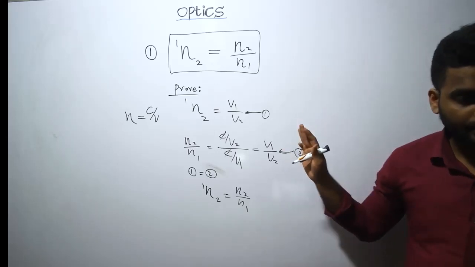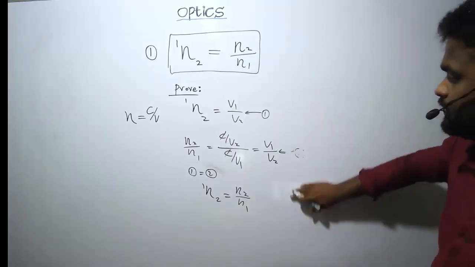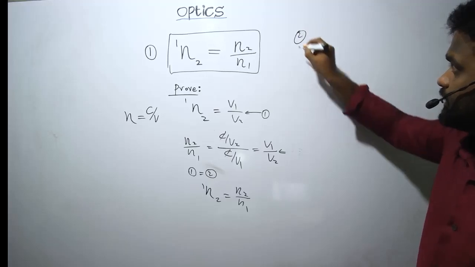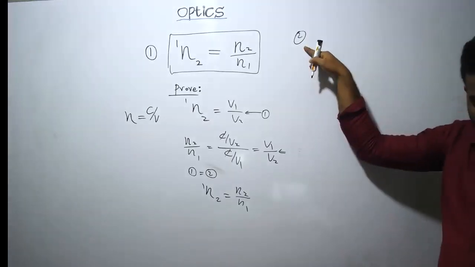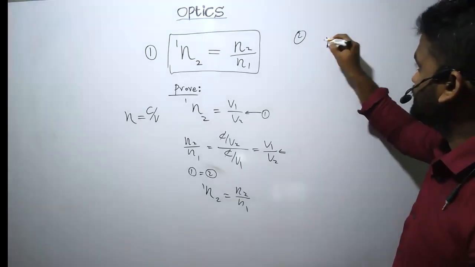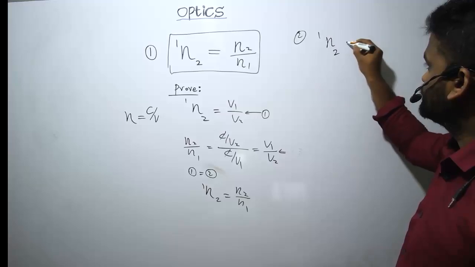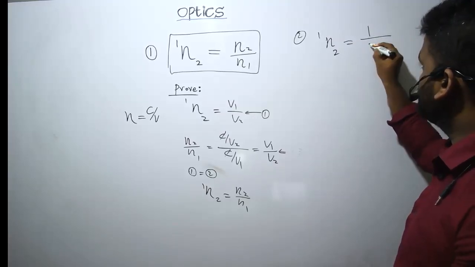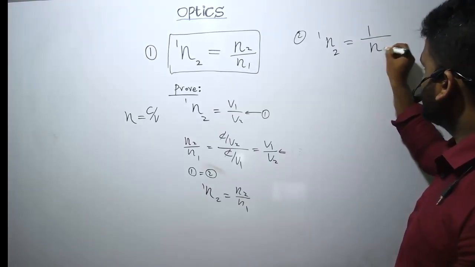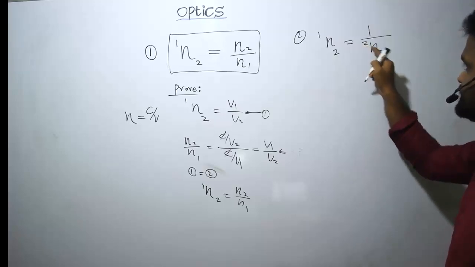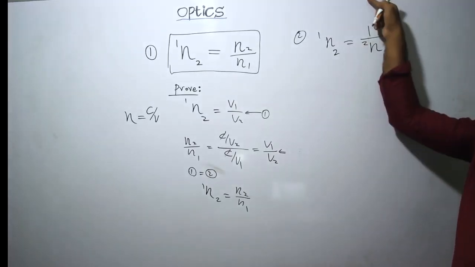I think done, right? Okay. Then write down a second combination. This also you can apply. N12 is equal to 1 over N21. You can change the mediums and write it under 1.